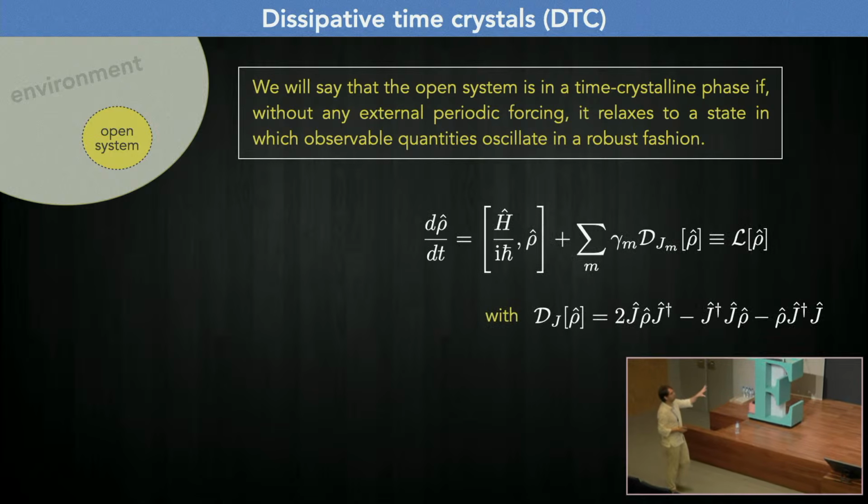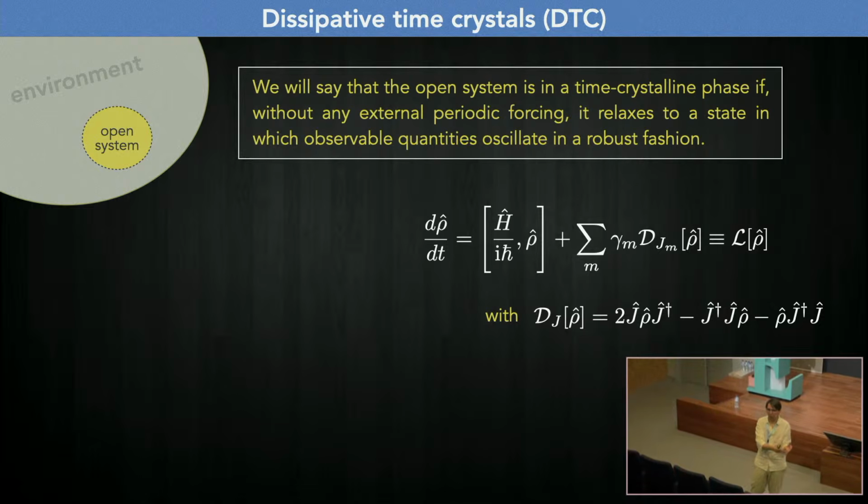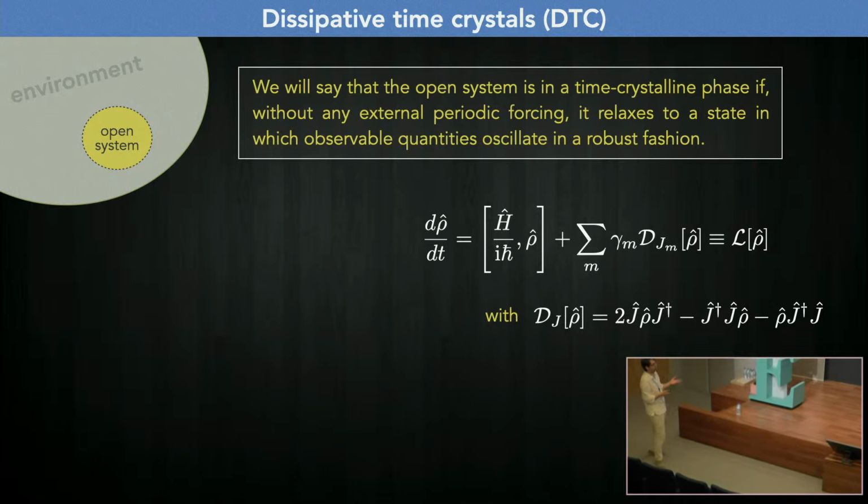So let me go back to the master equation and explain quickly how this can happen, because everyone who works in open systems is more used to the fact that the system reaches a steady state. So how can an open system oscillate? How are these two views of quantum open systems connected?